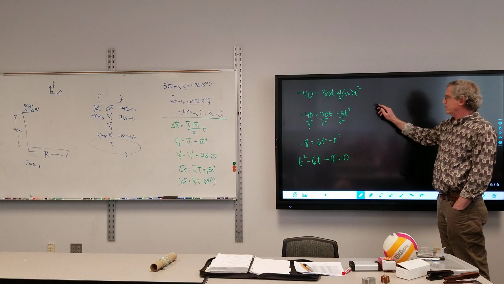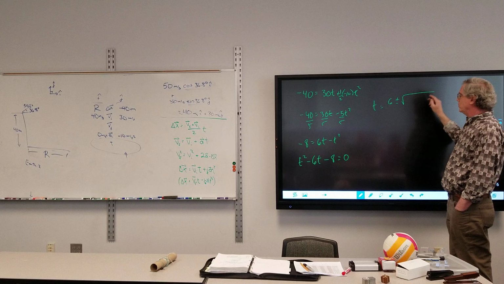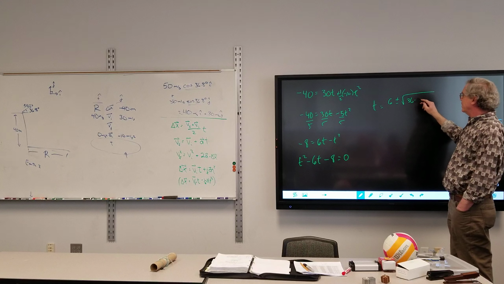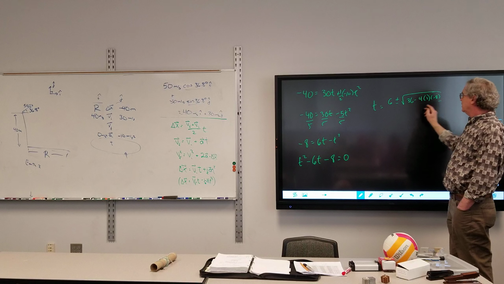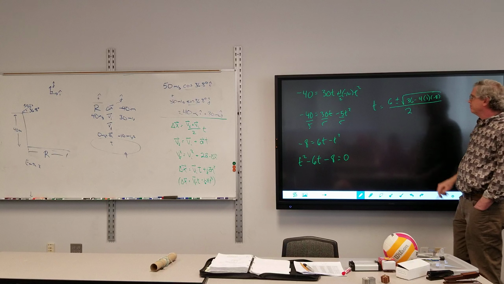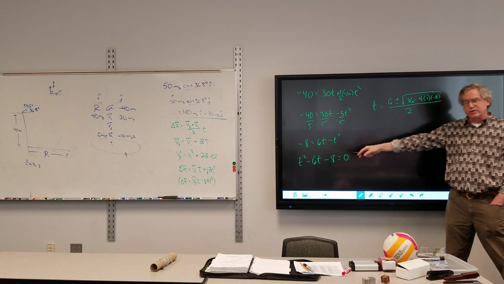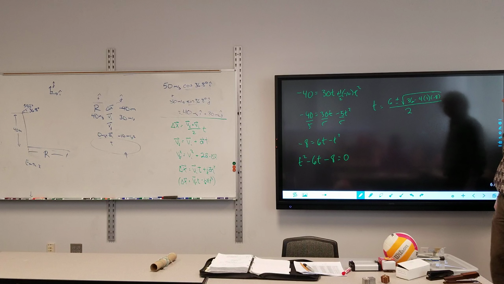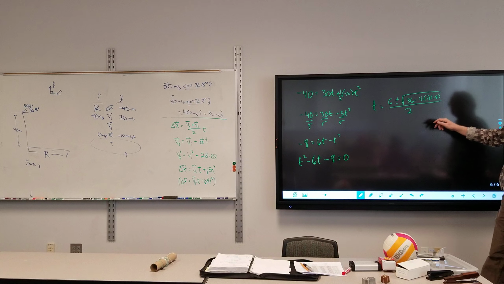This will not factor nicely, so t is equal to 6 plus or minus the square root of 36 minus 4 times 1 times negative 8, all over 2. That 36 comes from b squared, it's negative 6 squared, which is 36. I immediately have a negative sign there.